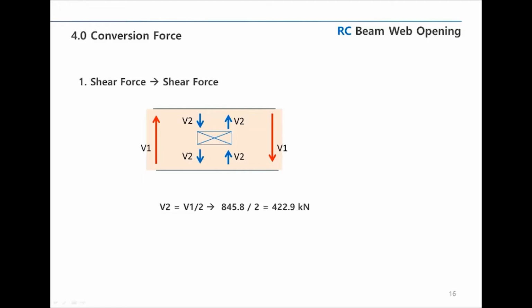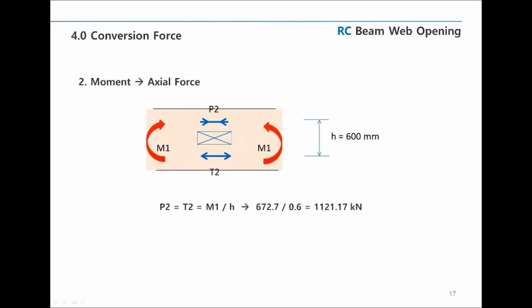Of course, since the upper and lower parts have the same section size, the converted V2 is calculated by dividing V1 by 2. So therefore, the shear force V2, currently acting on the changed section, is 422.9 kilonewton.